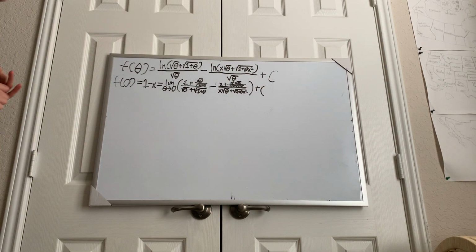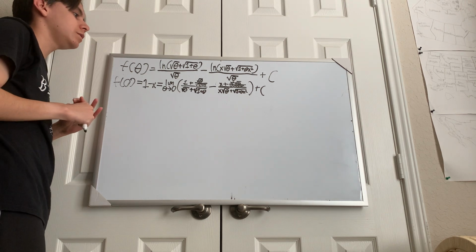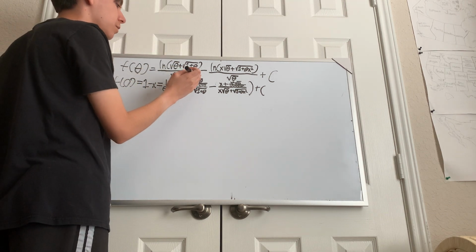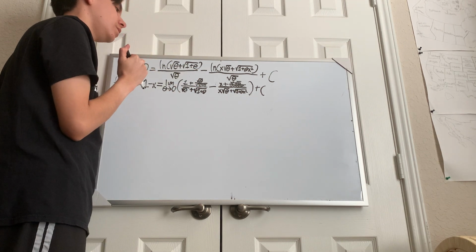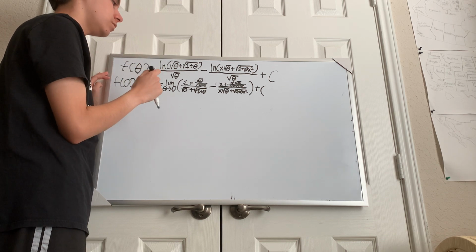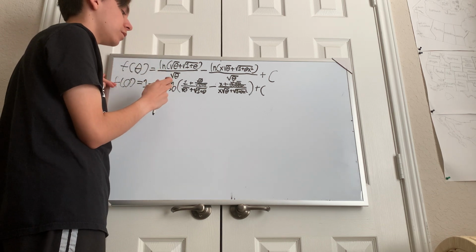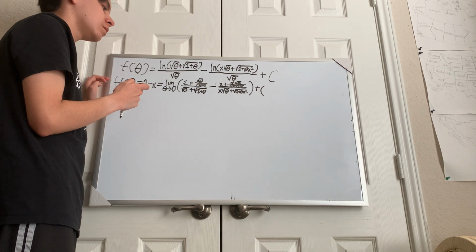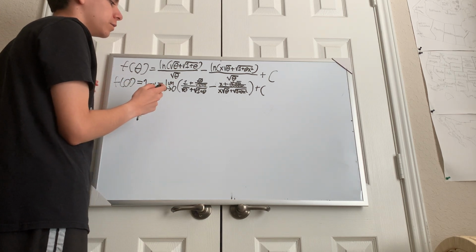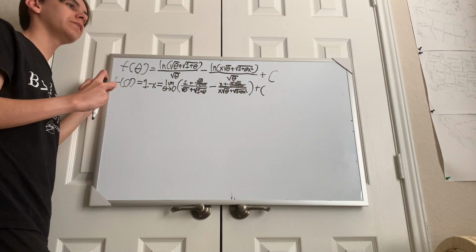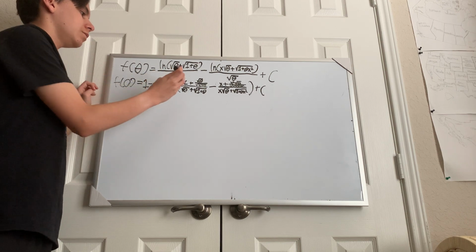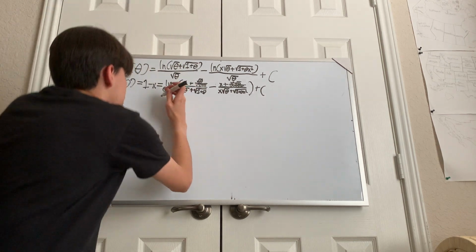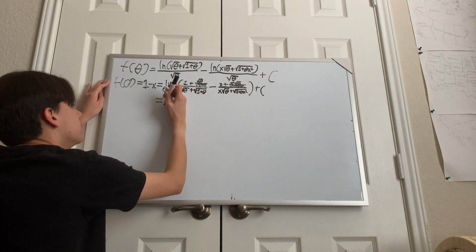So now what happens when we plug in 0? We get 1 plus 0 over square root 1 plus 0, which is just 0, so we just get 1 on the numerator, divided by square root 0 plus square root 1 plus 0, that's also 1. So this whole left term becomes 1.